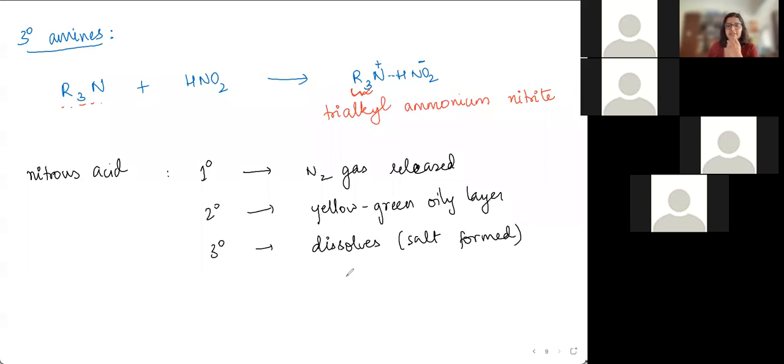So in a nutshell, these are the identifying things: what happens in the test tube. Why it happens is the reactions that we just noted down.